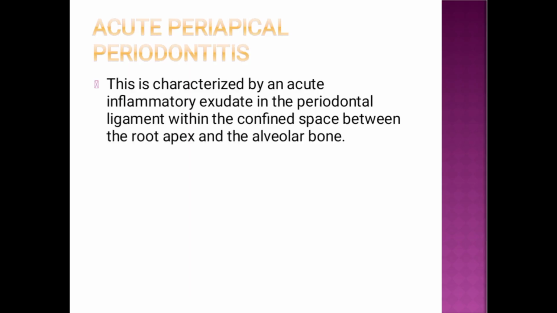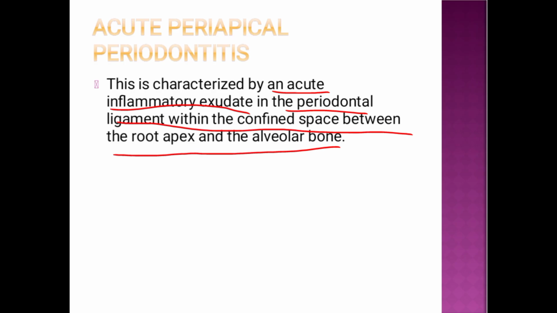Basically, acute periapical periodontitis, number 1, is an acute inflammatory exudate. Okay, so we always study acute, so always remember, in acute inflammation there is exudate formation in the periapical region, within a confined space between the root apex and alveolar bone.